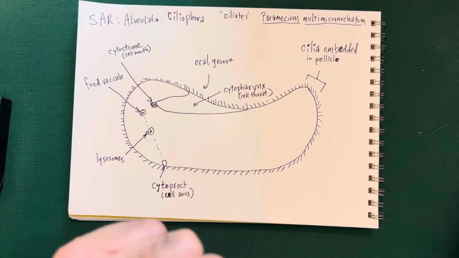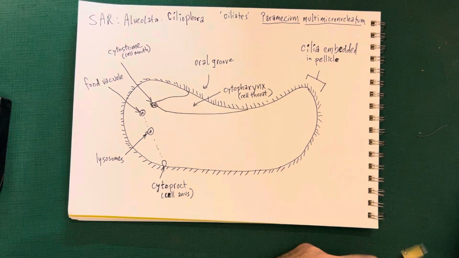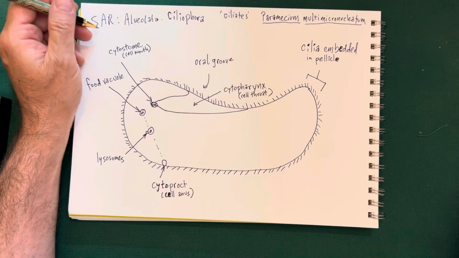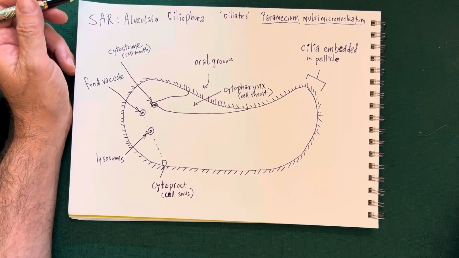So these little round membrane cysts, you could call them, are where we get the name Alveolata, which is the synapomorphy of the A in SAR. Okay.